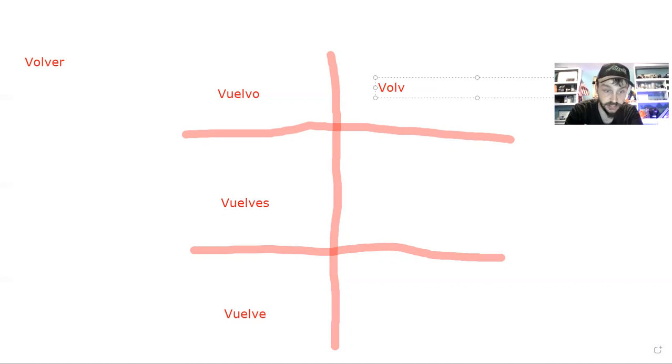Volvemos, actually, that's an ER verb. Volvemos. Notice no stem change in the nosotros form, neither in the vosotros form, because it's vosotros, vosotras, volvéis.